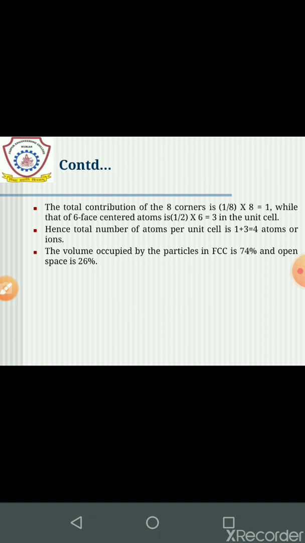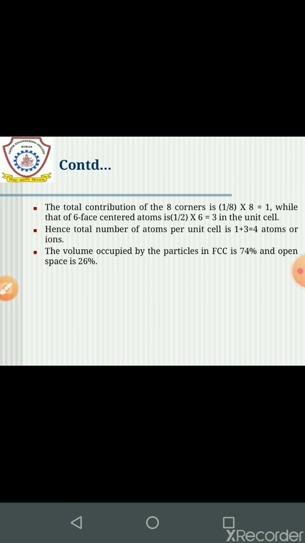The total contribution of the 8 corners is 1, while that of the 6 face-centered atoms is 3 in the unit cell. Hence, the overall total number of atoms per unit cell is 1 plus 3 equal to 4 atoms or ions. We can explain it another way: FCC is the combination of simple cubic along with 6 face centers.